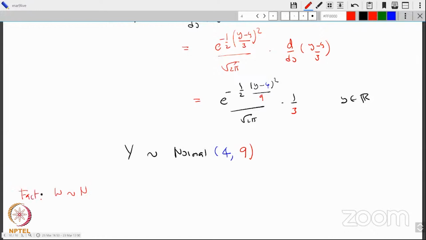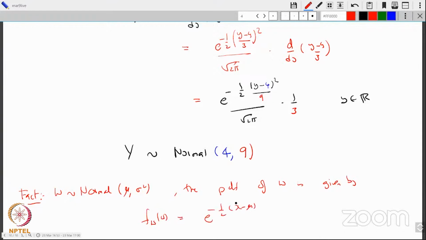If w is normal with parameters mu and sigma squared, then f sub w, the PDF of w, is given by f sub w of w equals 1 over root 2 pi sigma times e to the minus 1/2 of w minus mu, whole squared, divided by sigma squared. So this is for all w. This is a fact we have used to identify this.